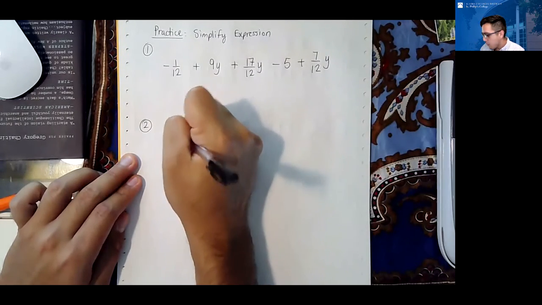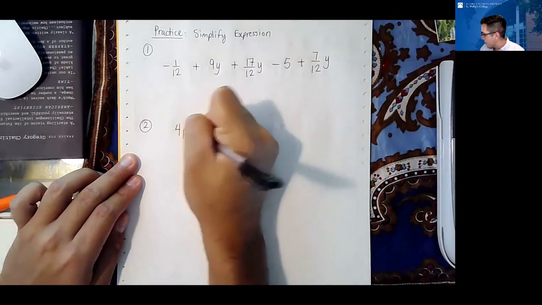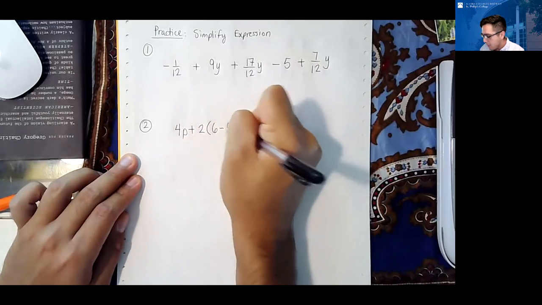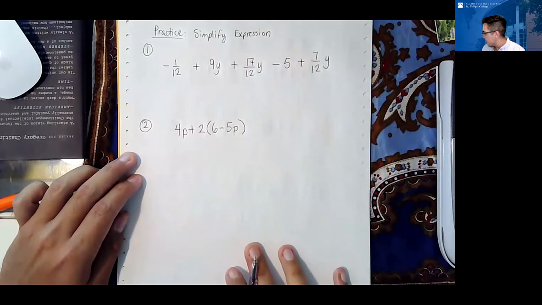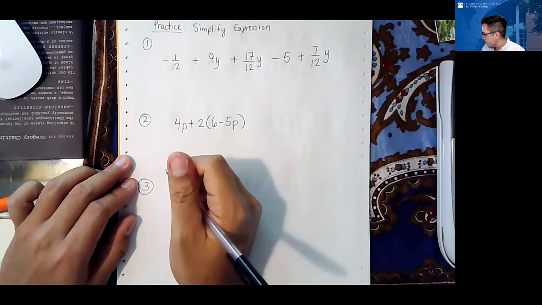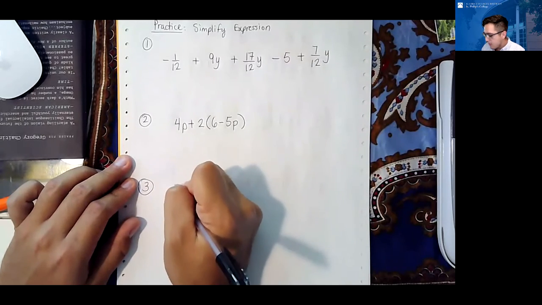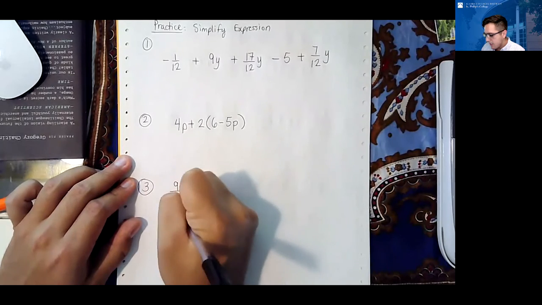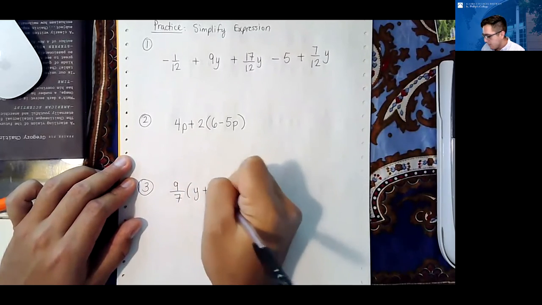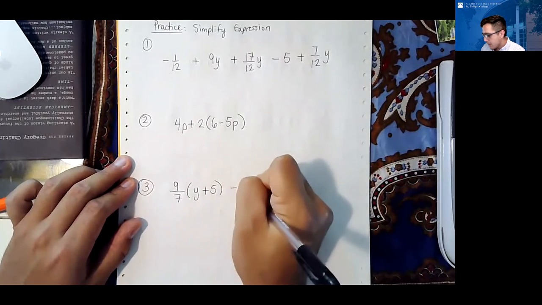The next one is 4p plus 2 times (6 minus 5p). The third one, let's do 9/7 times (y plus 5) minus 3.